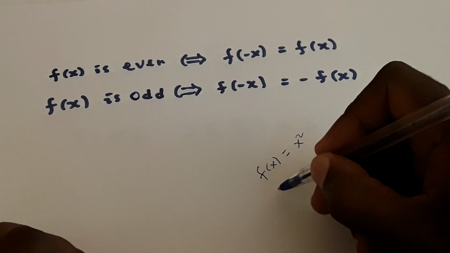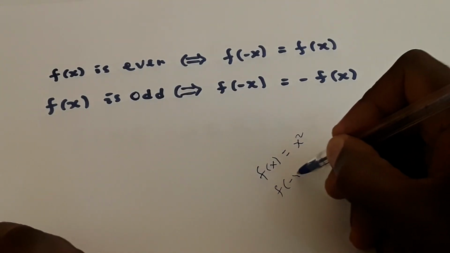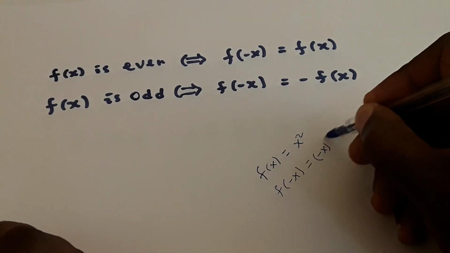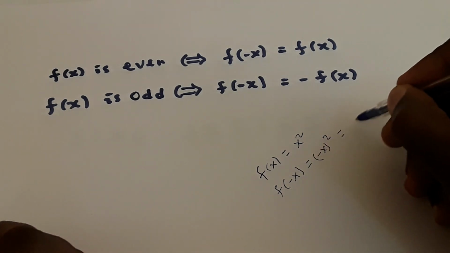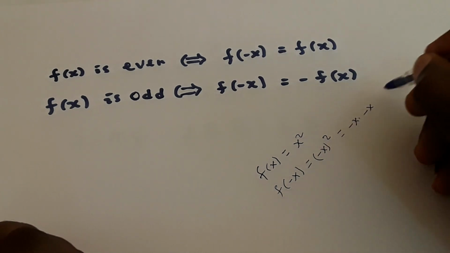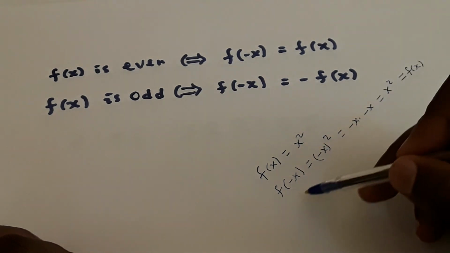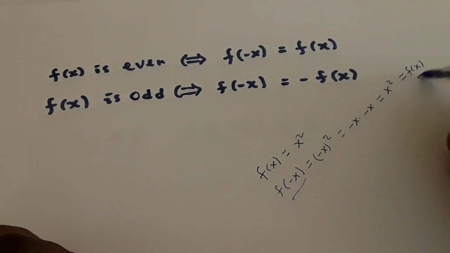This function is even because f of minus x is minus x squared, which means minus x times minus x, then this is x squared. So this returns back to the original function f of x, so f of minus x is f of x. So this means the function is even.